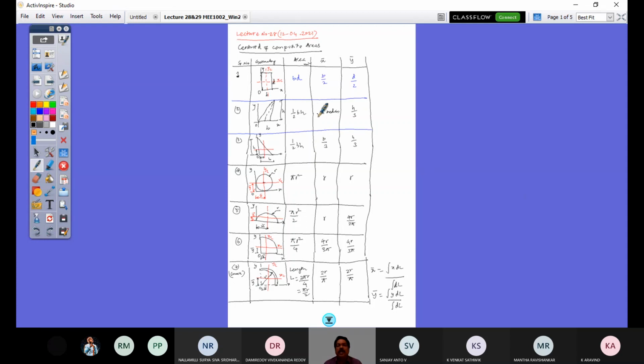So why the surface areas are very important is because in any of the components in a mechanical system or in a building, there are beams, columns, and so on. So these all sections, the section properties are very important to characterize their load carrying capacity, characterize their stability, and so on.